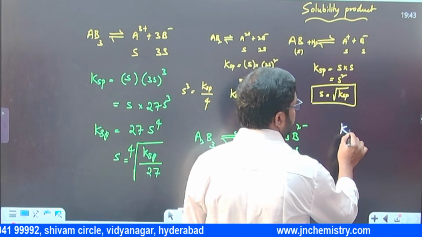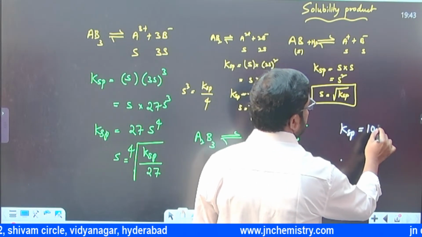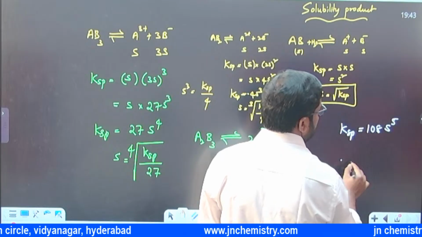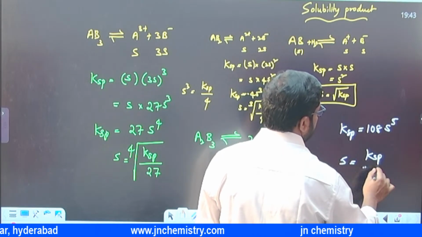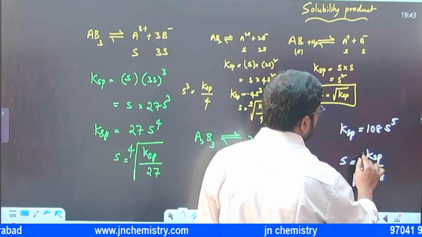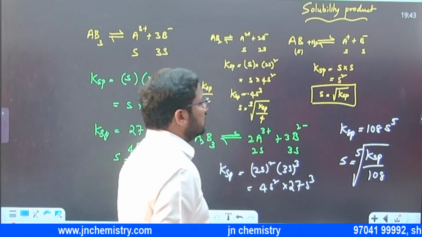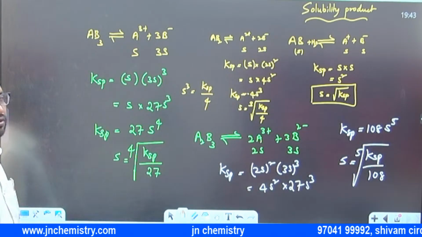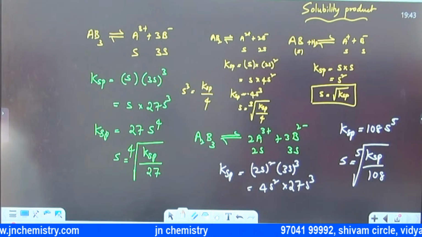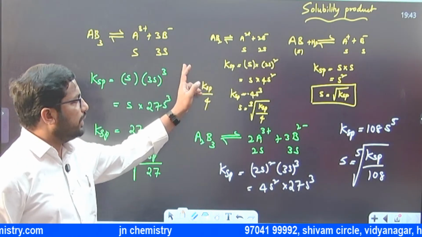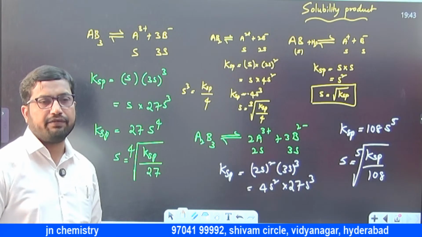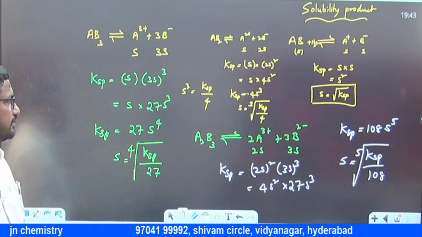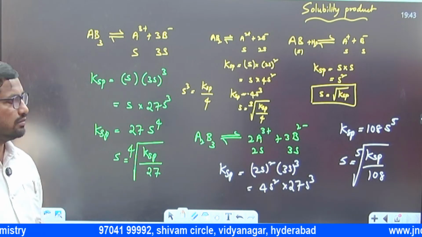Ksp is equal to 108 S power 5, so S is equal to the fifth root of Ksp by 108. This is the way we need to do it, for AB, AB2, AB3, A2B3. So AxBy type also we can take the same way. Come on, write it down.